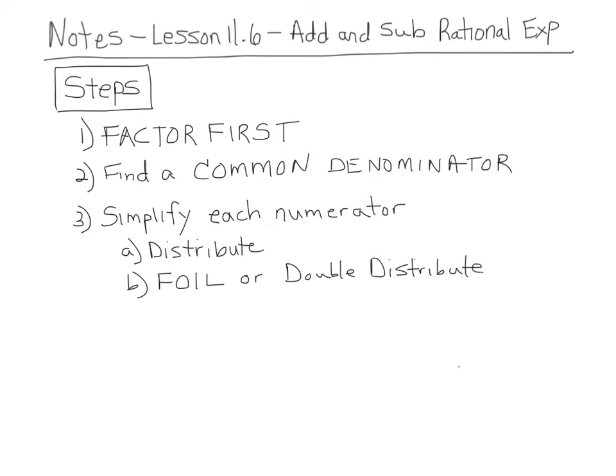And that's probably it, that you'd have to FOIL, double distribute, or just distribute. And then number 4, you're going to add or subtract like terms in numerators.